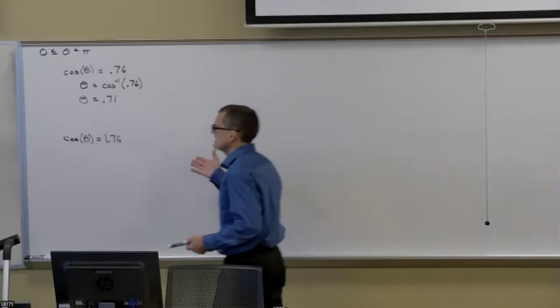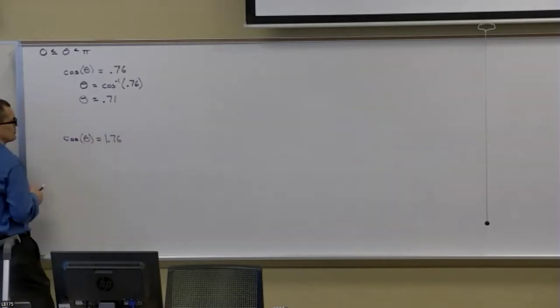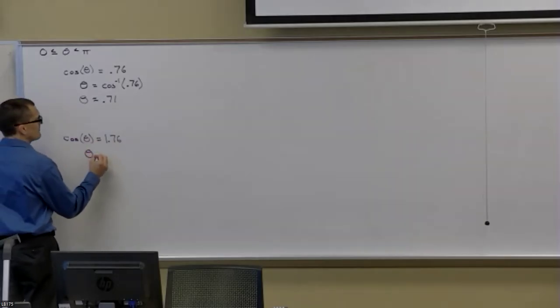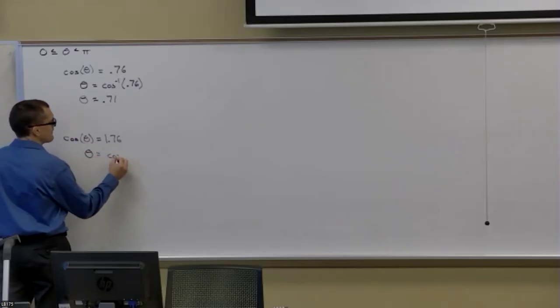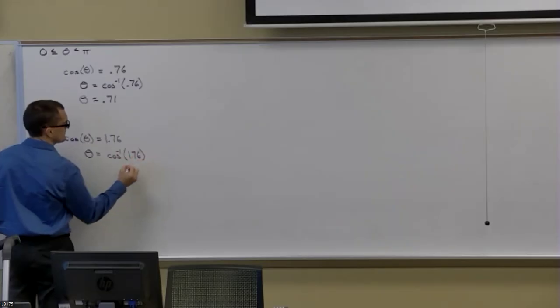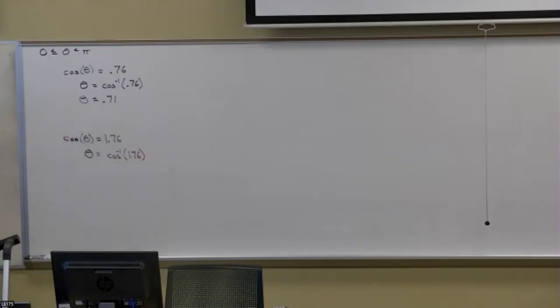Now, on the other hand, if you ended up with an equation like this, and you tried to solve it in the exact same way, well, if you typed in inverse cosine of 1.76, we're going to get a no solution answer.